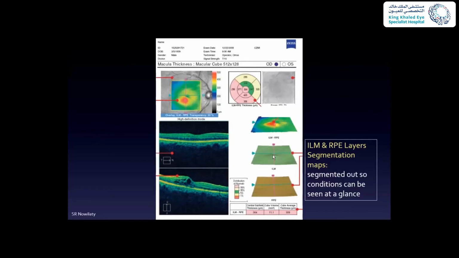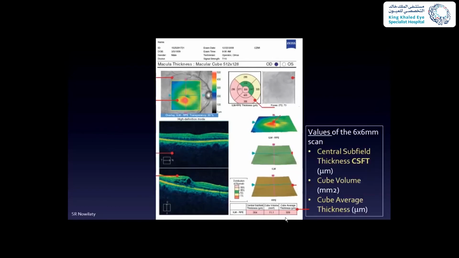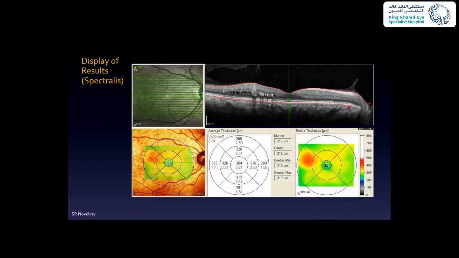No, it is actually inside the retina above the RPE. And if you want specific data, you can also get the central subfield thickness, which is right there, 364, for instance. And the cube volume, how much thickness or volume is there in that cube that you took, and elsewhere. So here at Kekish, we use a Spectralis machine, the Heidelberg machine.